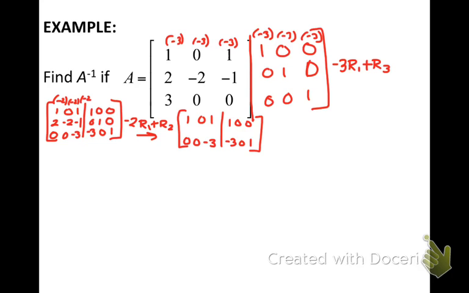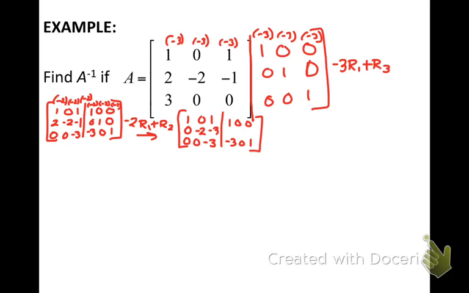I'm writing too small for my own good. Negative 2 R1. So negative 2 times 1 is negative 2 plus 2 is 0. Negative 2 times 0 is 0, plus negative 2 is negative 2. Negative 2 times 1 is negative 2, plus negative 1 is negative 3.